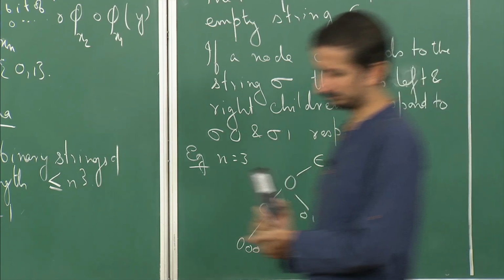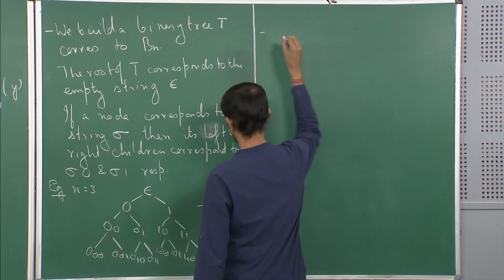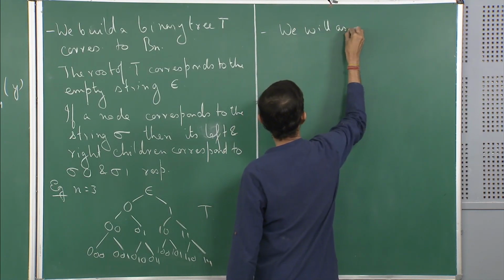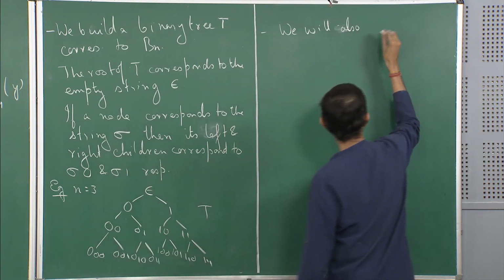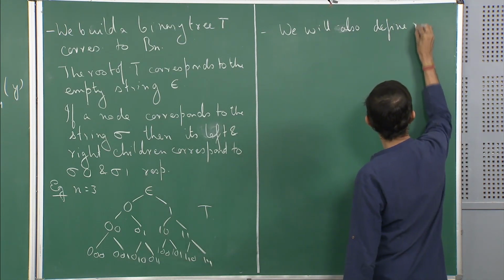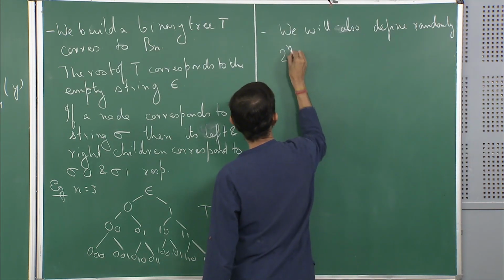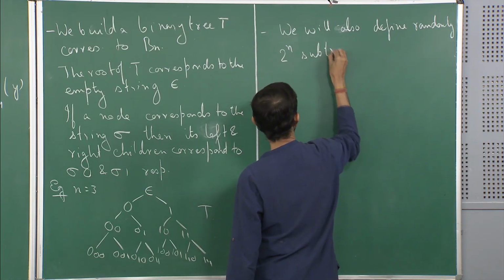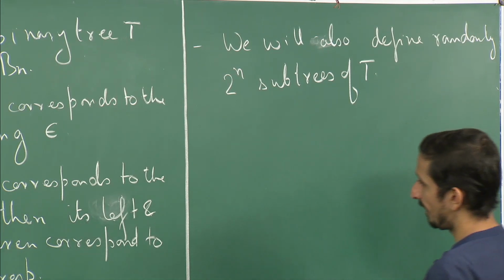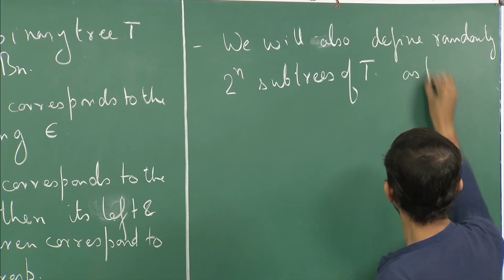Okay, so we will also define randomly 2 to the power n subtrees of T as follows.